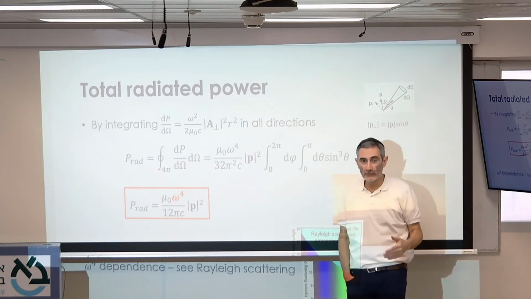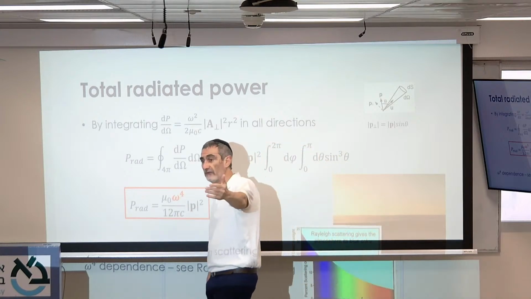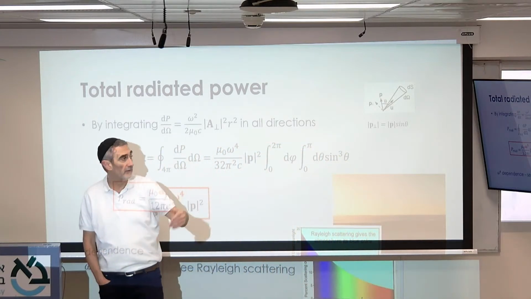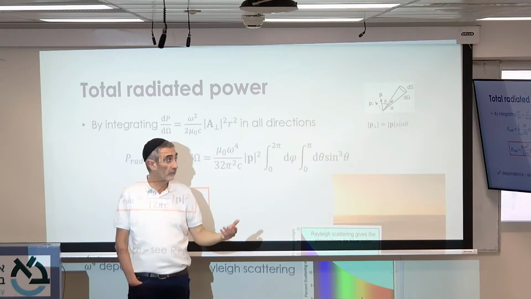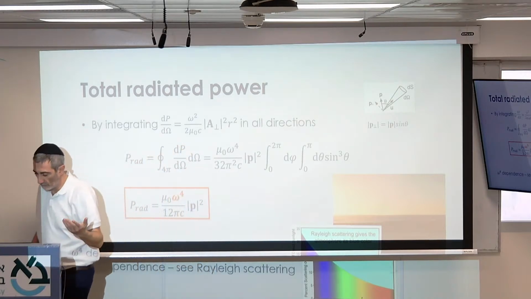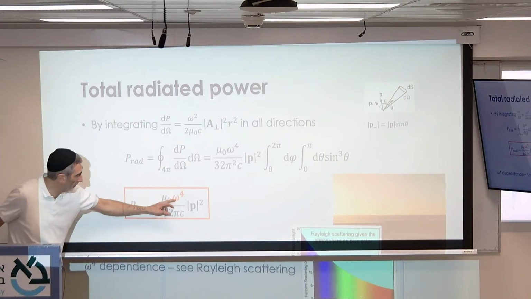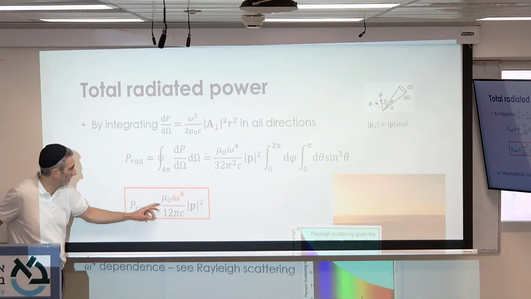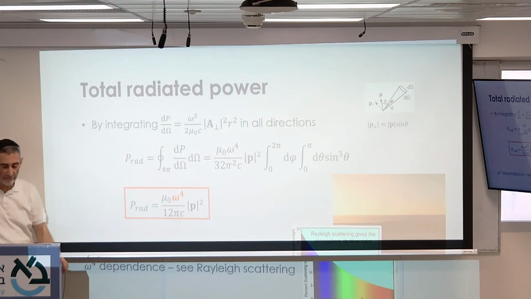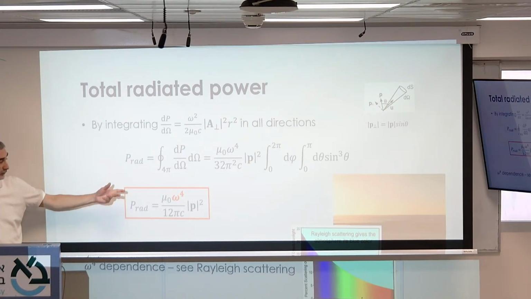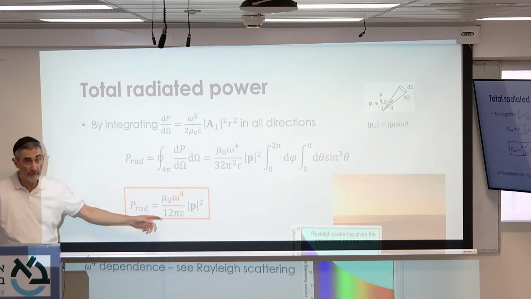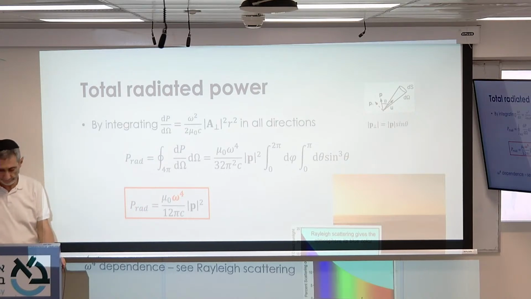What you see at the end, when the sun is far at the horizon, is the red light of the sunset. So this formula is important: the power radiated is proportional to omega to the power 4. It's a very strong dependence on omega or lambda. Lambda goes as the opposite, so it's 1 over lambda to the power 4. So that's the explanation of the blue sky.